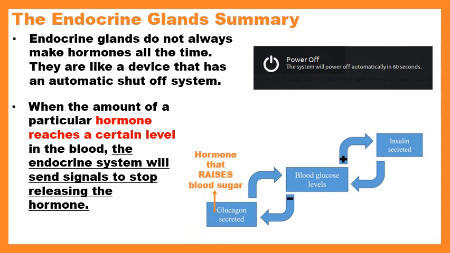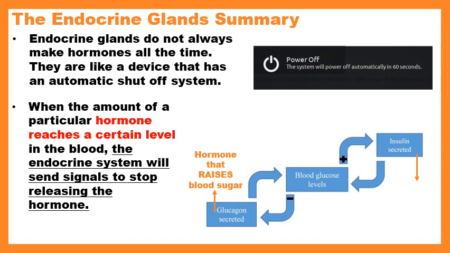Now, if my body notices that my blood sugar is low, it'll release a hormone that raises blood sugar. And then it will bring my blood sugar back to the balanced level, but then it might accidentally raise it a little bit more, especially if I'm eating food that's high in sugar. And my blood sugar might get too high.